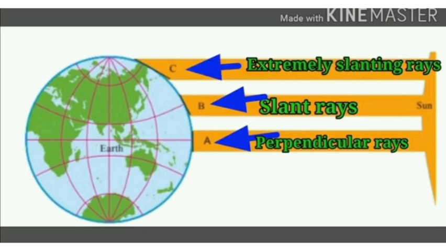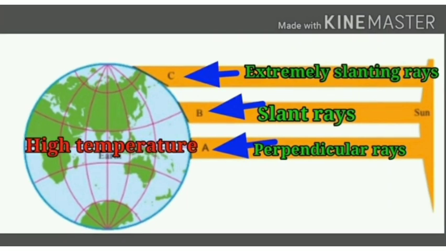So, based on the distribution of the temperature, the earth can be divided into torrid, temperate and frigid zones, or tropical, temperate and polar regions. Try to understand this from figures 2.4 and 5.3 in your textbook. The region that receives perpendicular sun rays is extremely hot and therefore it is called the torrid zone.